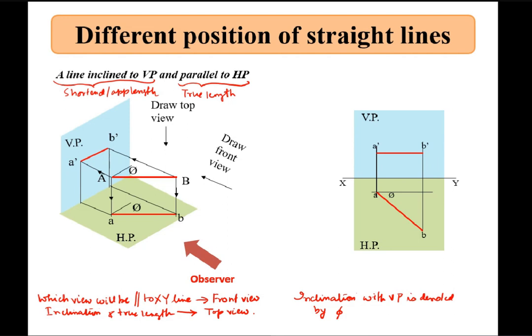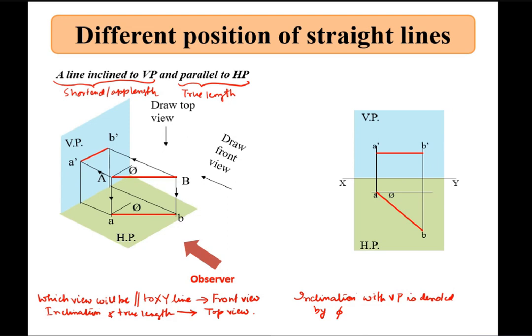Now, just look at the figure, and without looking at the question, from the figure, can you tell me that the line is parallel to HP? How can you say this?